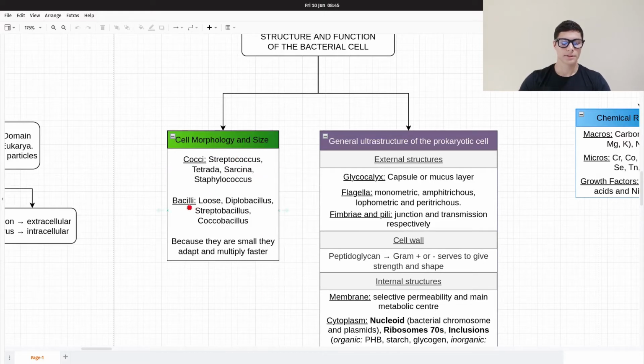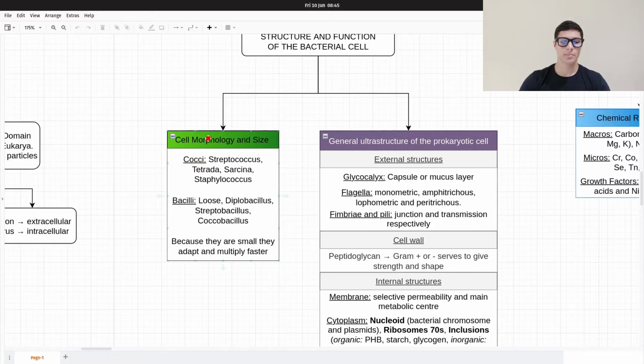style. Bacilli, we have loose bacilli, that can be alone by themselves, diplobacilli, two bound together, streptobacillus, strepto as in here means a chain of, so a lot of bacilli bound together, and coccobacillus, that is like a bacillus but that is more similar to a cocci.